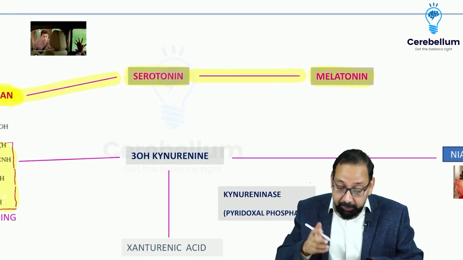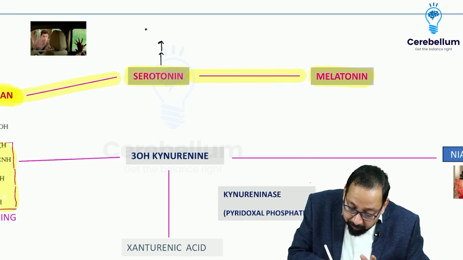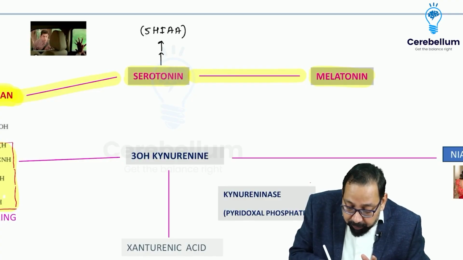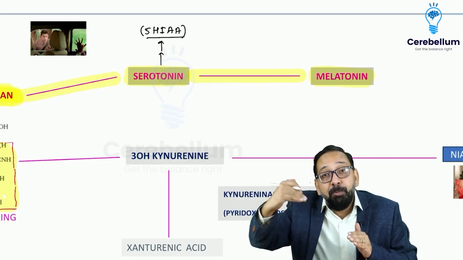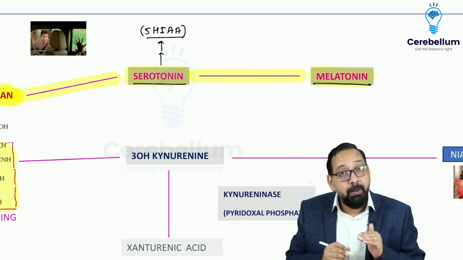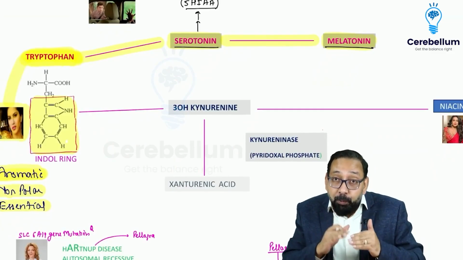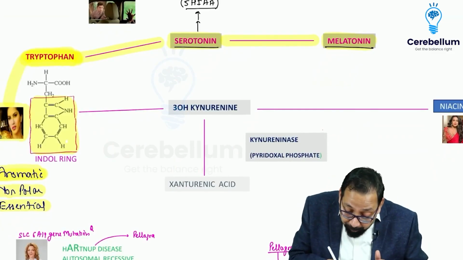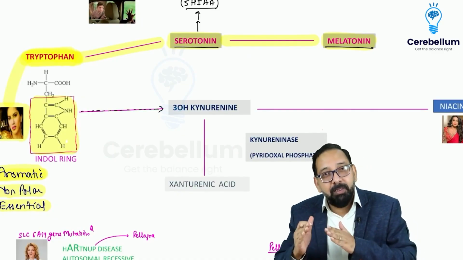We found that serotonin is further metabolized to 5-hydroxyindole acetic acid. So one pathway of tryptophan metabolism is towards serotonin and melatonin. And the second pathway is that tryptophan is converted to 3-hydroxykynurenine by multiple steps.